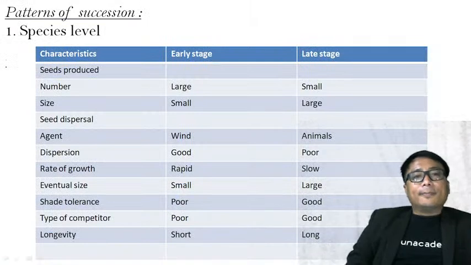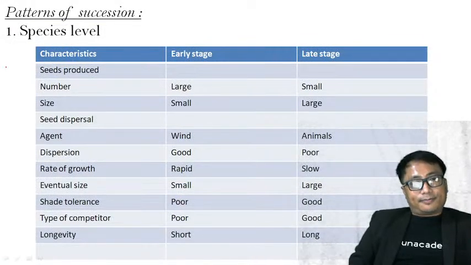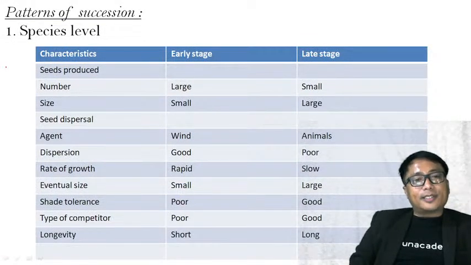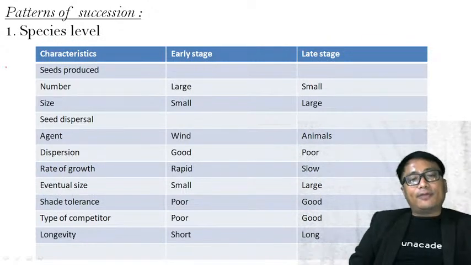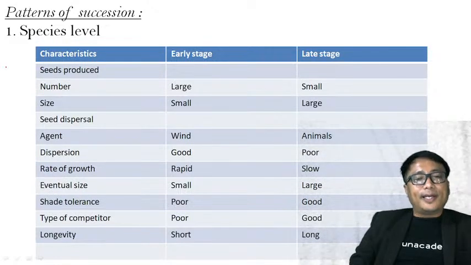Okay? Pattern of succession. The pattern of succession is such that it can be at the species level. You kindly have a look at the three columns which I have given here: the characteristics in the early stage, in the late stage, and how it will be at the species level. I will just take one or two examples here.